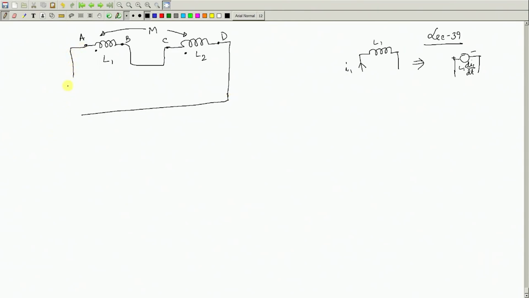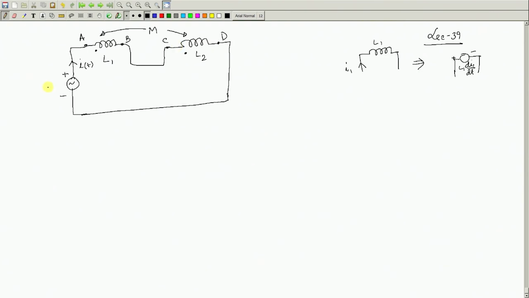And here you have connected some AC source, alternating source like this, plus minus, and that is causing some current to flow in this circuit, say I T. Then I want to find out the current response of this circuit.